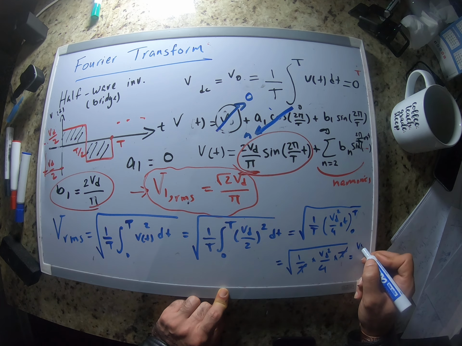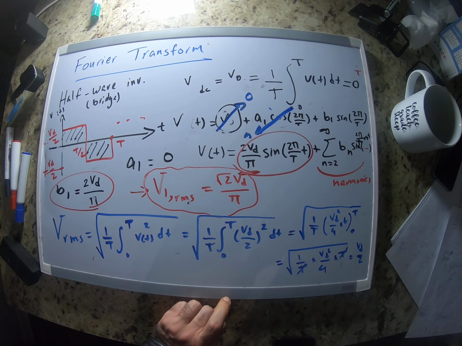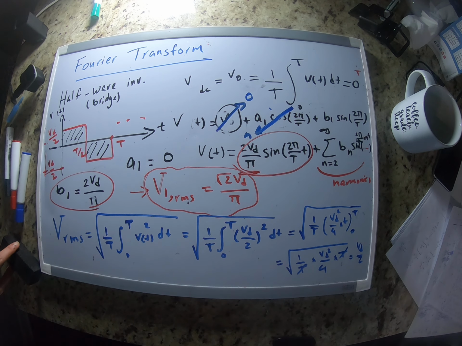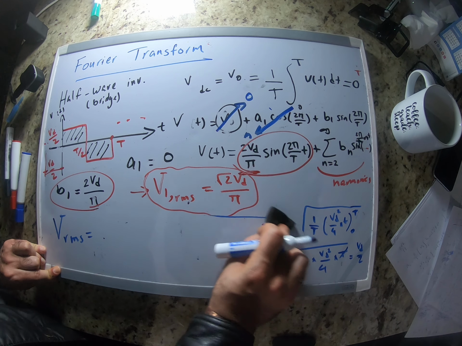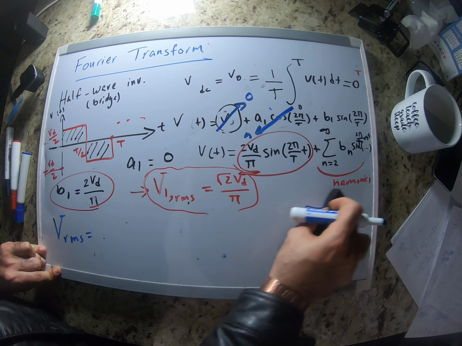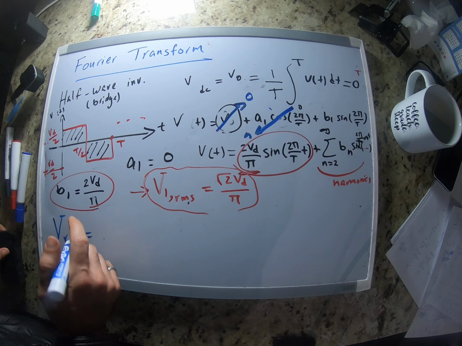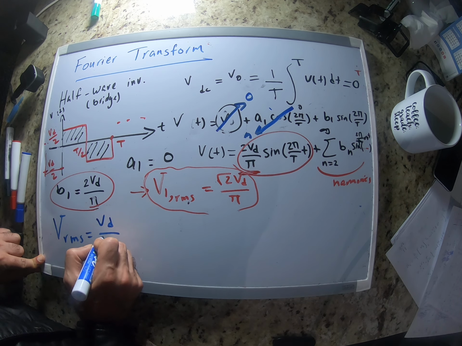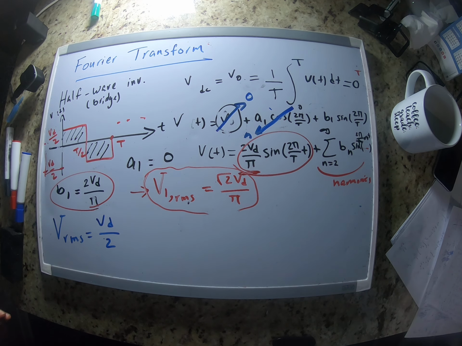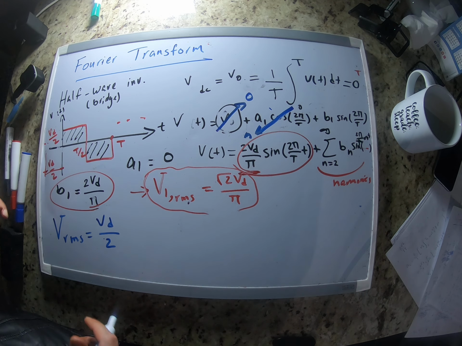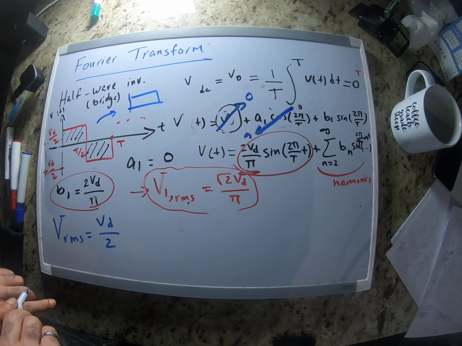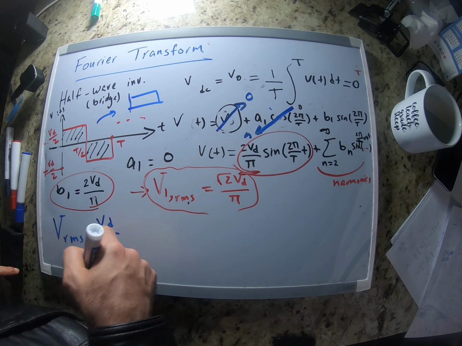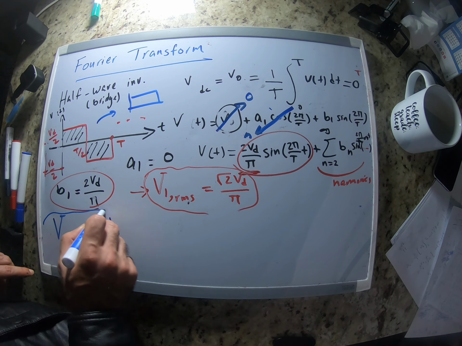It would be Vd over 2. Let's see if I made any mistakes here. No, seems okay. So we found the RMS value of the total signal, which is Vd over 2. It was obvious, we didn't have to do it, because the RMS value of this signal is the same as the RMS value of this signal, and it's going to be Vd over 2.